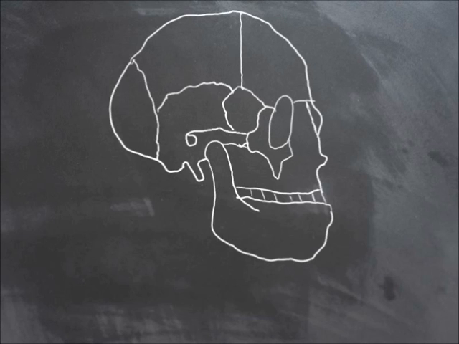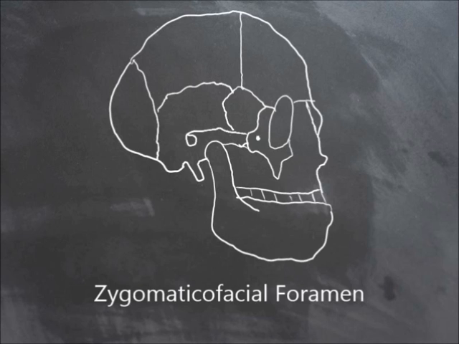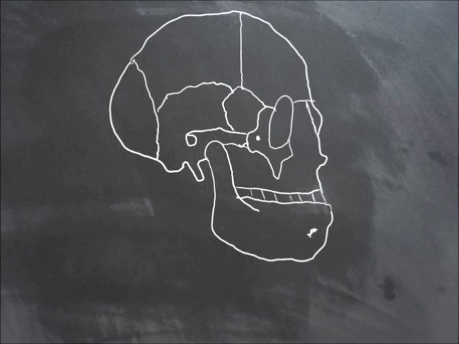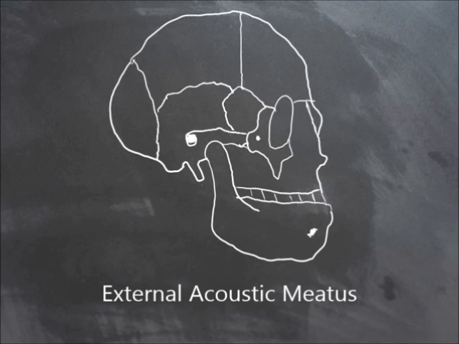Okay, so what features can we see? Well, on the zygomatic bone, there's a foramen here, which is called the zygomaticofacial foramen, and down here we have our mental foramen. Here, this is the external acoustic meatus.